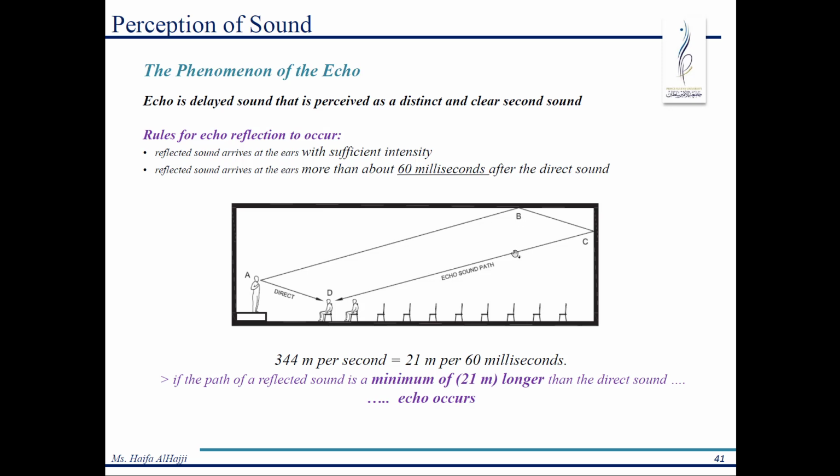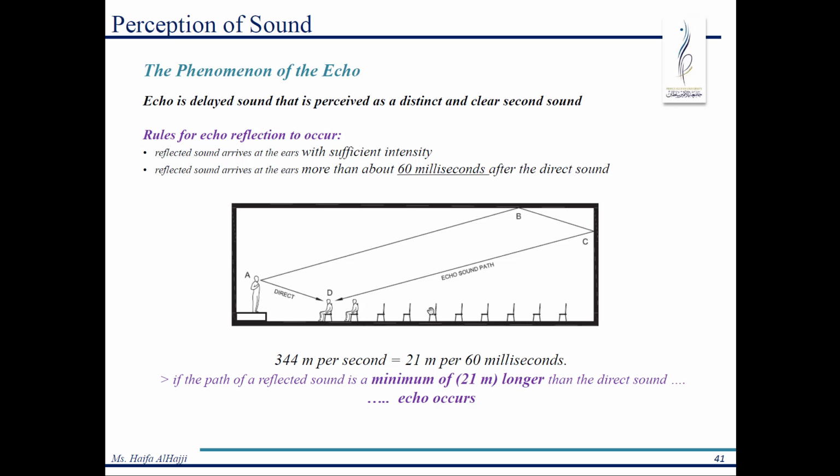Will I have an echo or not? Before I tell you the answer, I want you to think. Will you have an echo or not? If this one is 2 and this one is 10 plus 2 plus 10 is 22, will I have an echo given that it has to be a minimum of 21 meters longer?